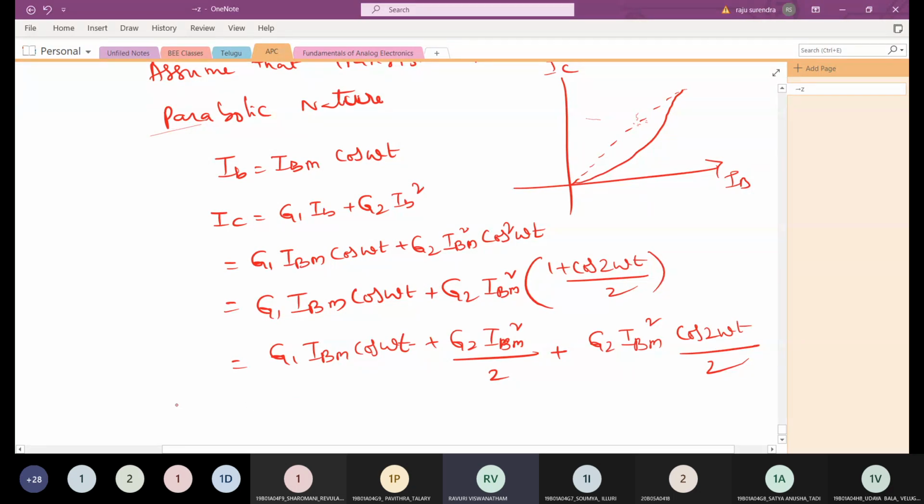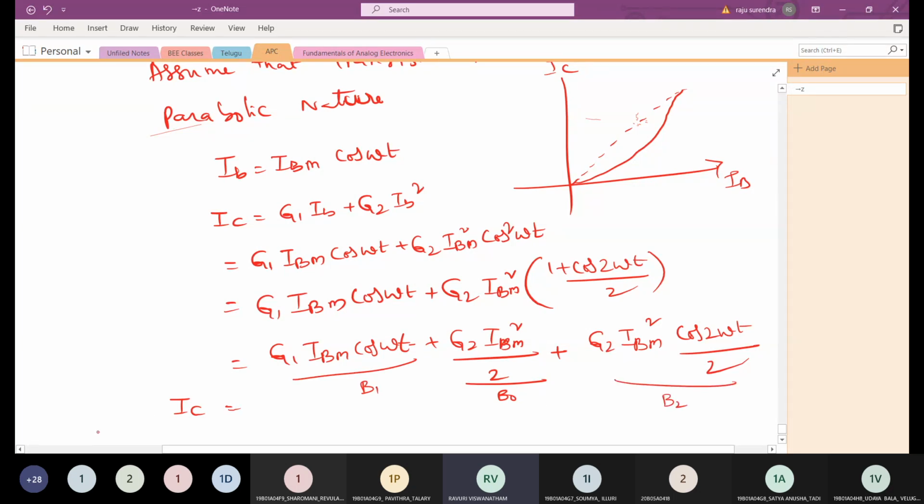And now IC is equal to, for the fundamental, I am going to consider this one as B naught, this one as B1, this one as B2.